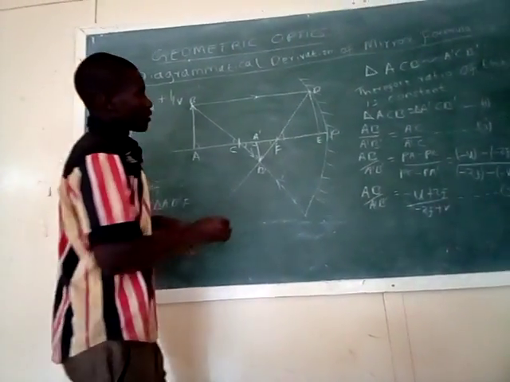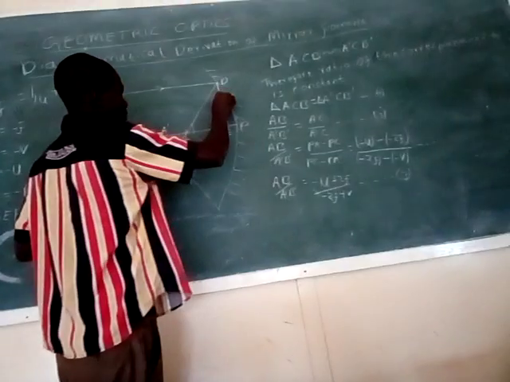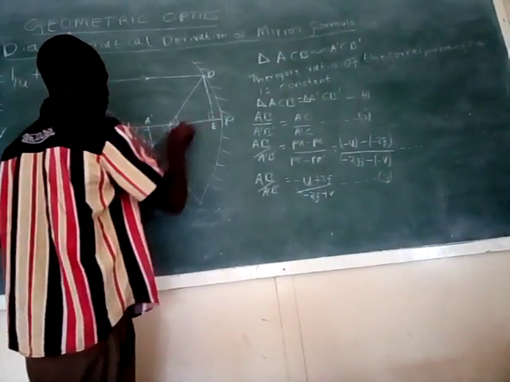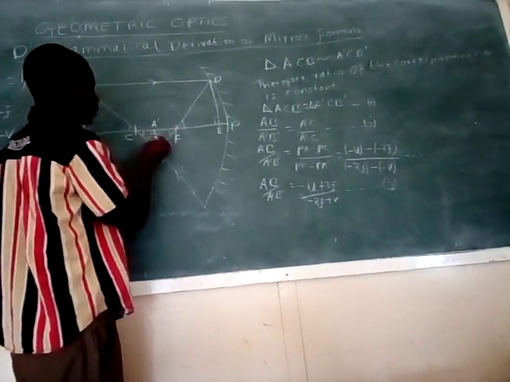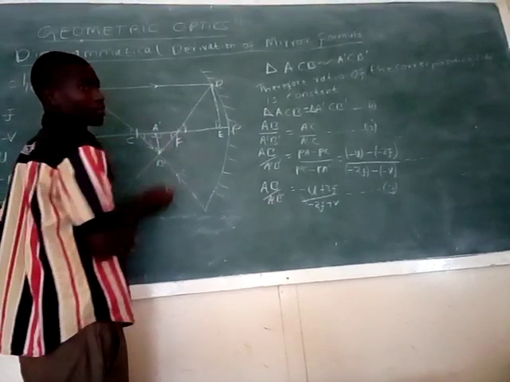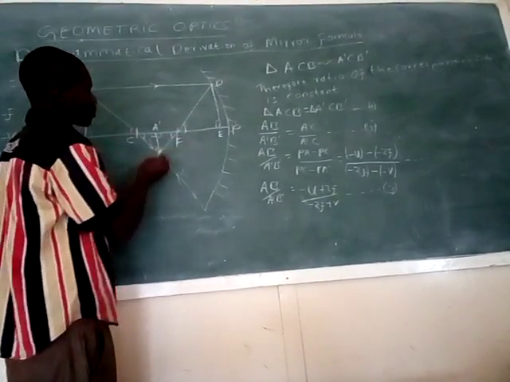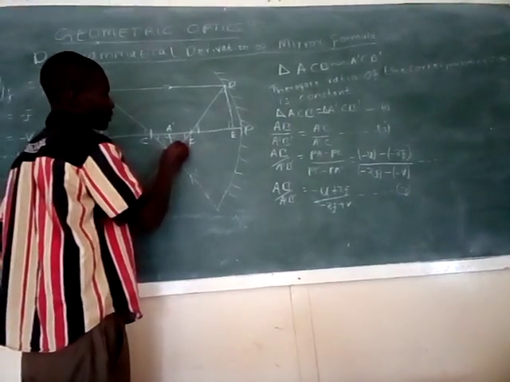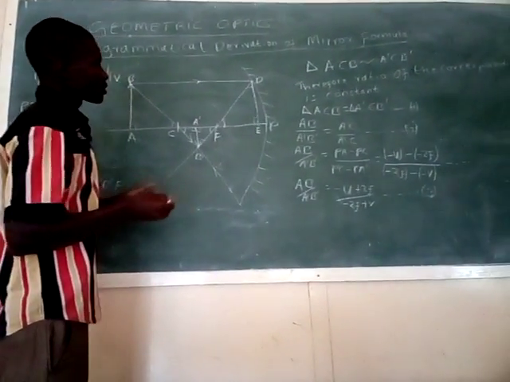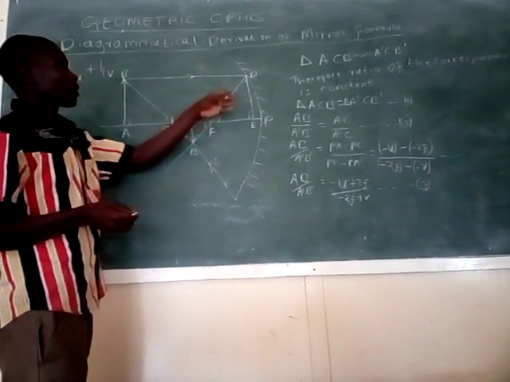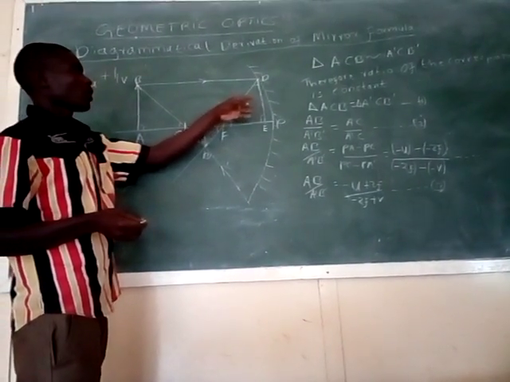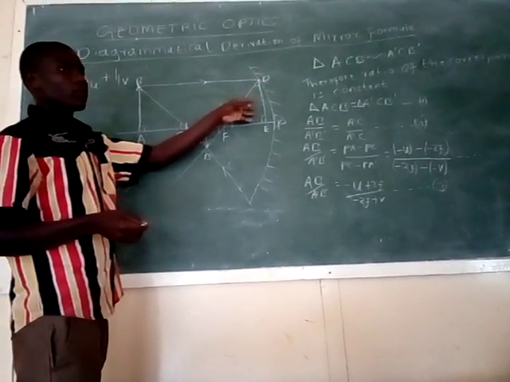I see. This one is 90 degrees. This one is also 90 degrees. This angle here is the same as this. And since these two angles are the same, of course, this one is also the same as this. Therefore, since all the angles inside this triangle are the same as all the angles inside this triangle, the corresponding angles are the same.